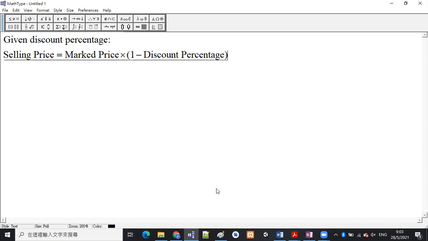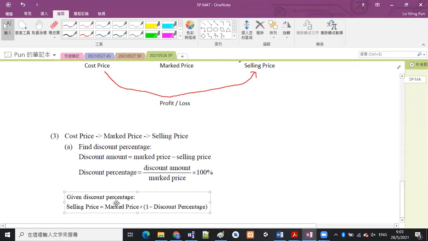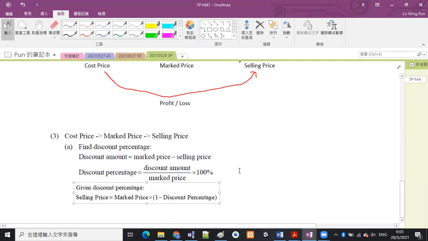Can you see this? You can write this down first.